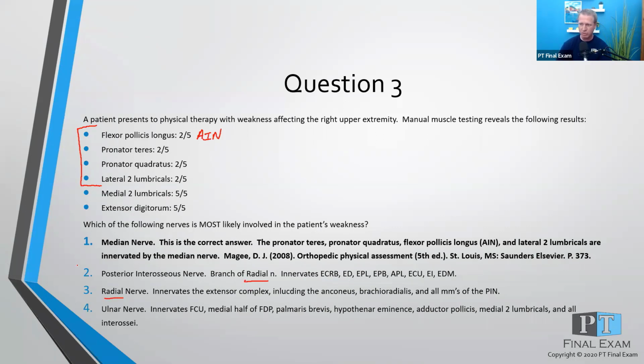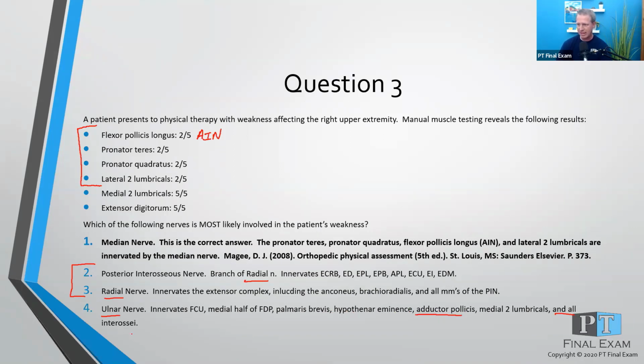So radial and posterior interosseous are pretty much the same answer, just because posterior interosseous is a branch of radial. And then the ulnar nerve innervates the flexor carpi ulnaris, the medial half, or the pinky side towards the ulnar side, of flexor digitorum superficialis and profundus, the medial 2 lumbricals, as well as adductor pollicis.